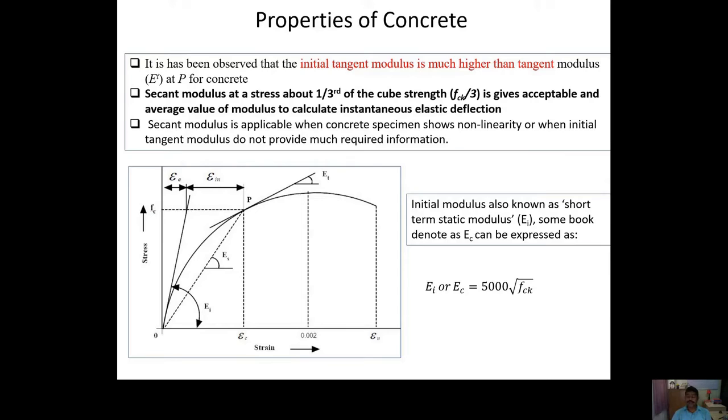If you connect the origin and the point at a stress of 6.33, the slope of that line gives a secant modulus, and its value is very reasonable, and in comparison to the initial tangent modulus it is acceptable.